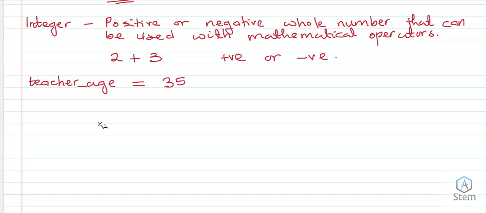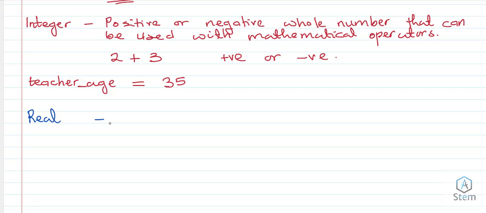The next data type which we are going to look at is the real number. Okay. A real number is a positive or a negative number with a fractional part. In other words, with a decimal point. Real numbers can also be used with mathematical operators. So these are numbers.